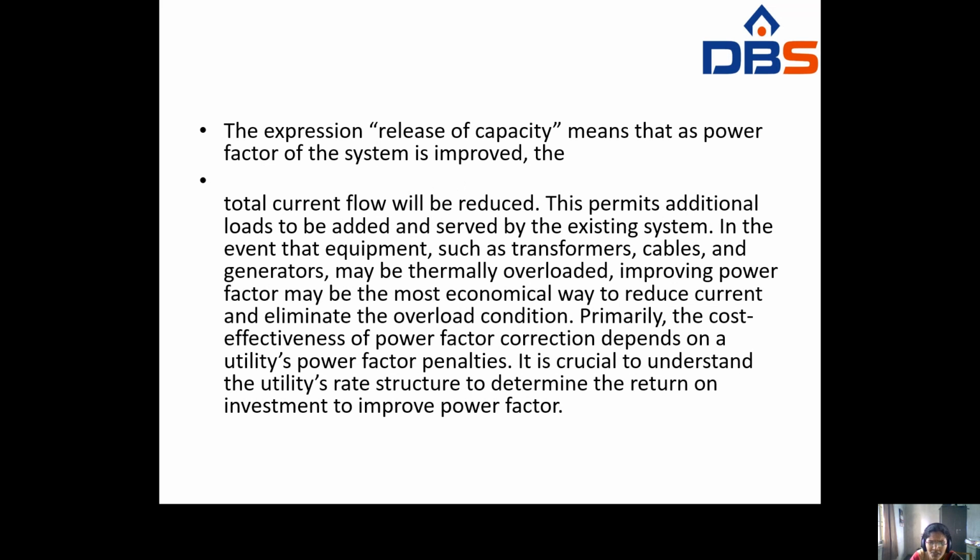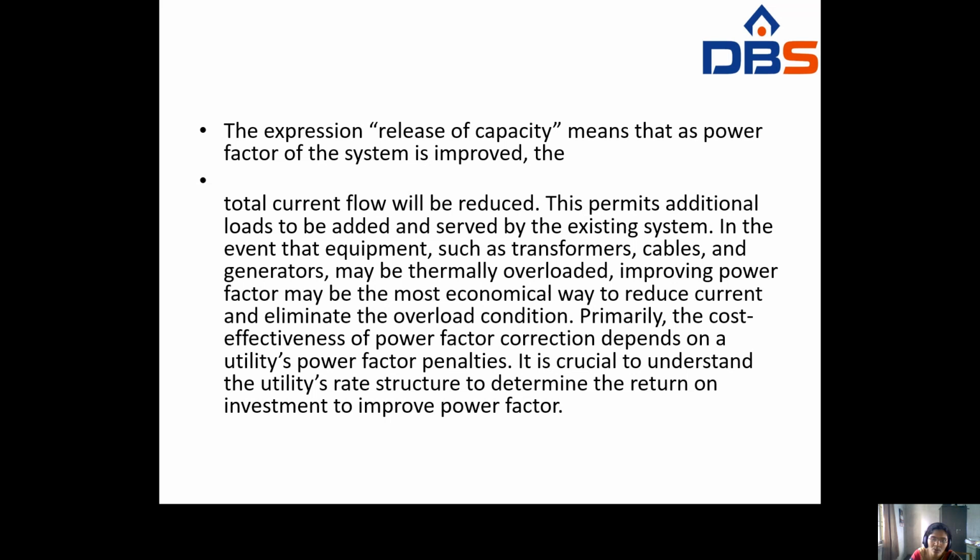The expression release of capacity means that as the power factor of the system improves, the total current flow will be reduced. By adding the capacitors the power factor of the system is improved, but the total current flow is reduced.